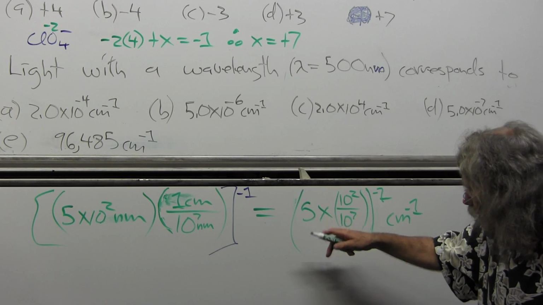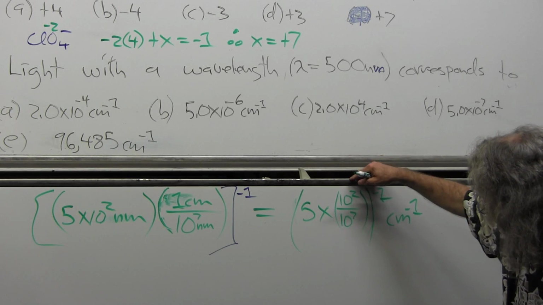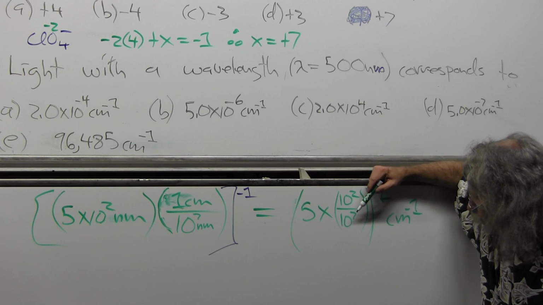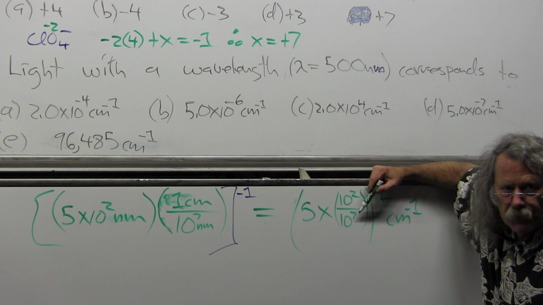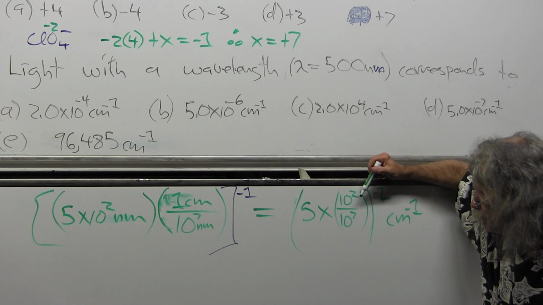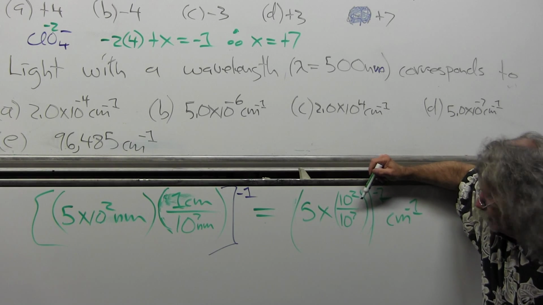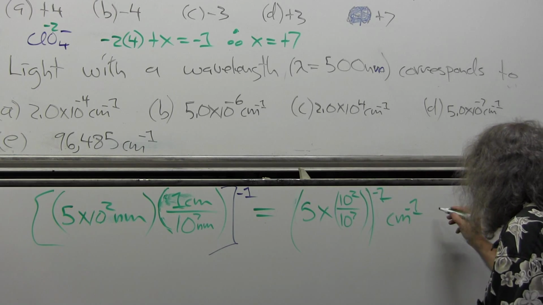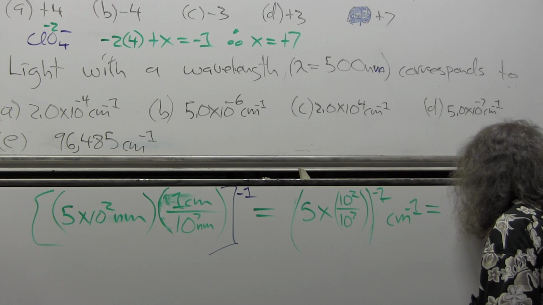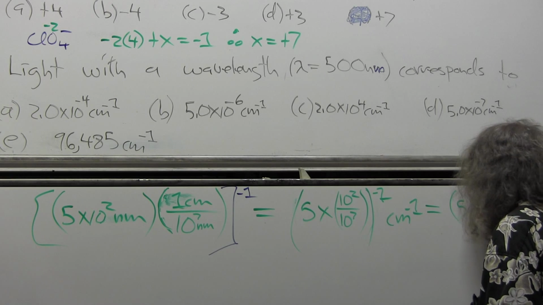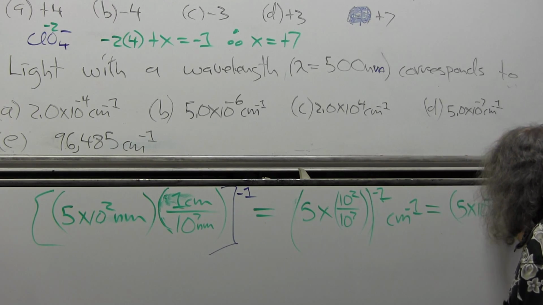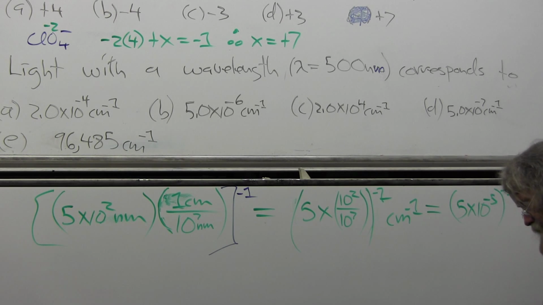So now I've got everything that I have to take reciprocal of. Now, 10 squared divided by 10 to the 7th is what? Well, I subtract. So 2 minus 7. So that's going to be equal to 5 times 10 to the -5 to the -1.